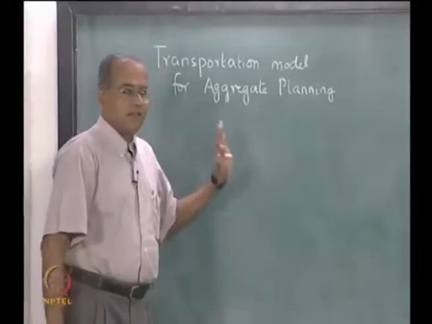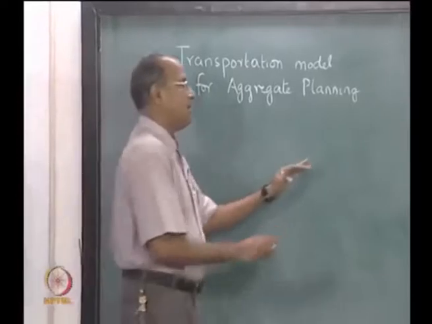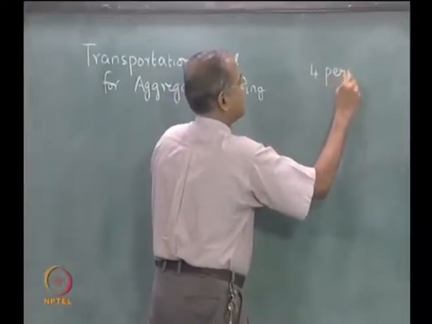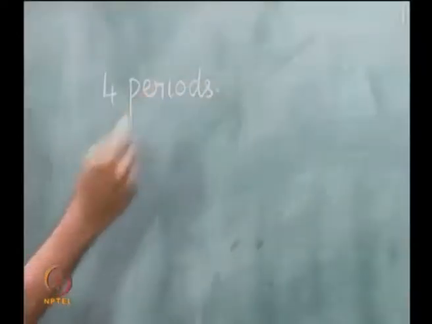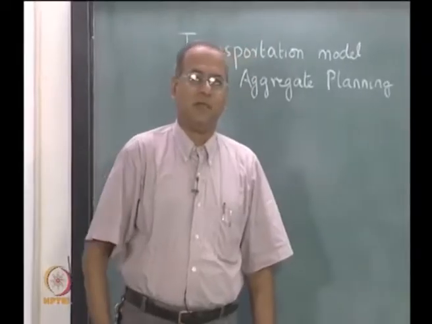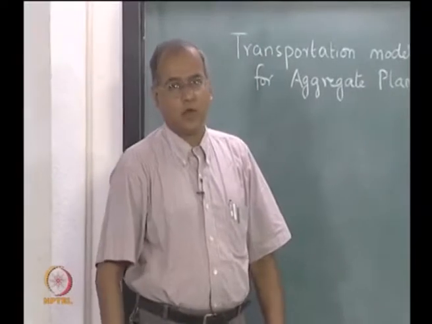For the sake of illustration, let us assume that we are considering 4 periods as against 12 periods. Each period say is a month, and let us assume that the regular time capacity and overtime capacity are the same and are known.